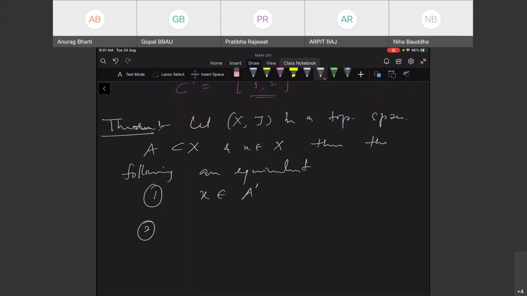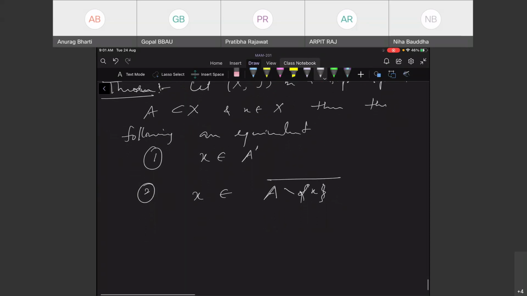It is the same as saying x is in the closure of A minus x. If you see the definition, it is evident from there. So I leave this as an exercise.